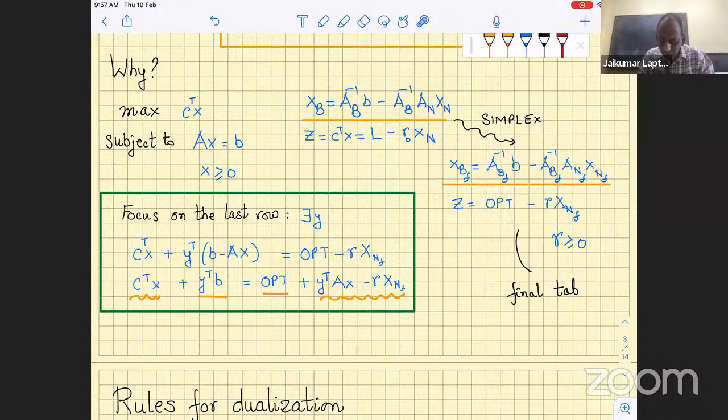So what simplex seems to have done is some kind of operations which we consider legal when we wrote our dual linear program.